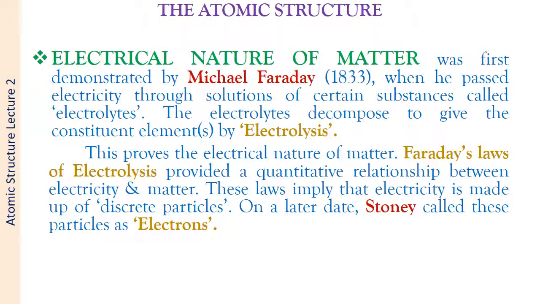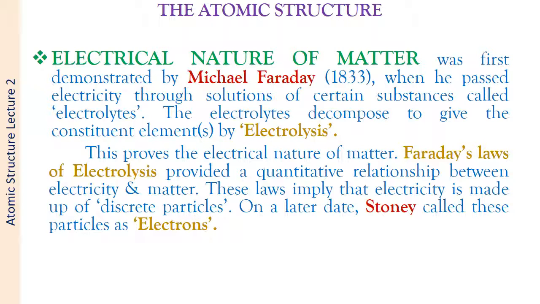Now, one of the most important limitations of Dalton's atomic theory was that he could not explain the electrical nature of matter. It was established quite early that electricity is produced when substances like glass or ebonite are rubbed with silk or fur. This indicated that matter is electrical in nature, but Dalton could not explain that.